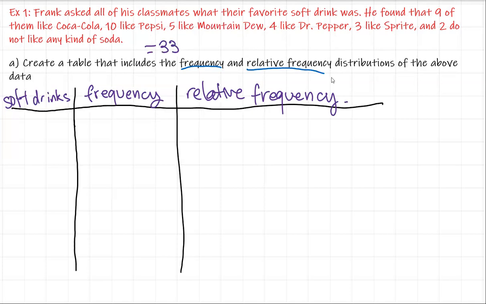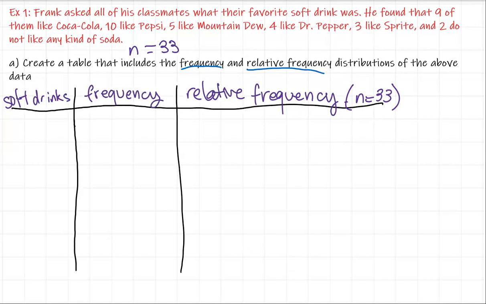Let me double check that to make sure. Yeah, 33. So that's our sample size, our n, and we're going to need that for relative frequency. For convenience, we'll list the sample size next to our frequency.